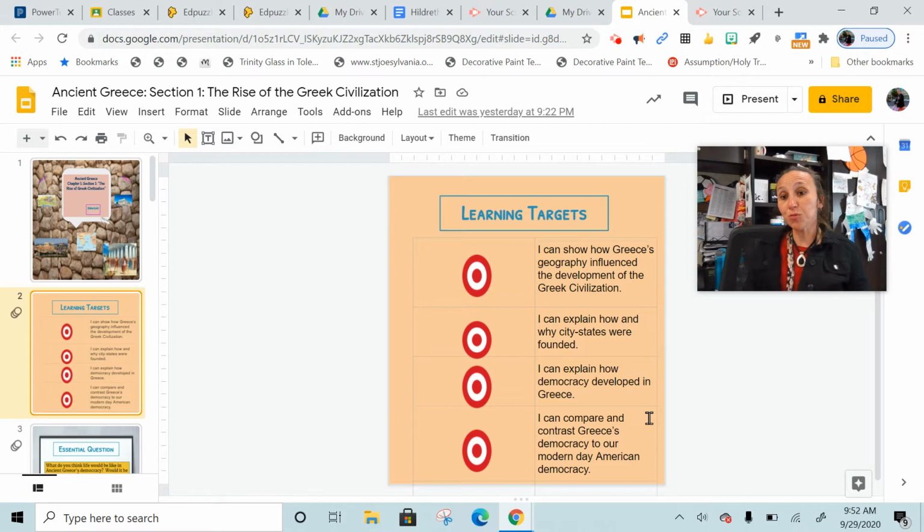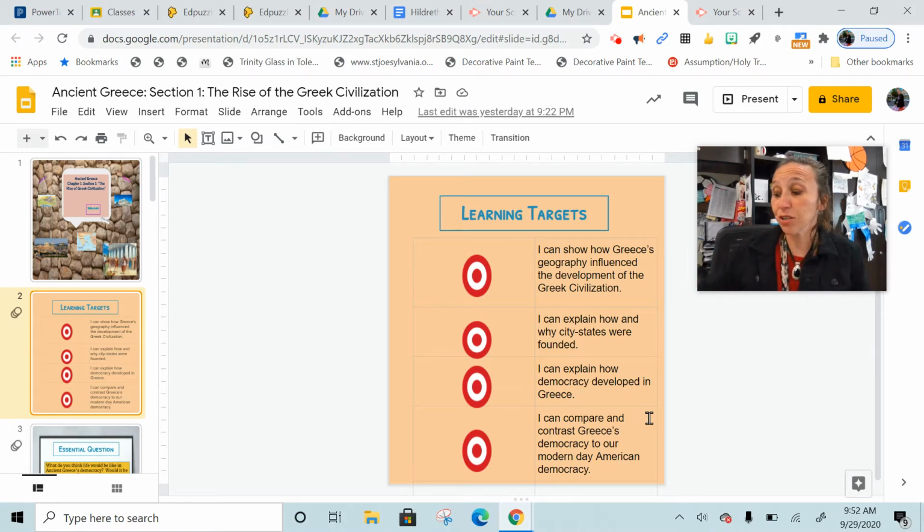And then the last thing is we're going to compare Greece's democracy to our modern day American democracy. How is it the same? How is it different? Which has its benefits, which has negatives or some downfalls or pitfalls.